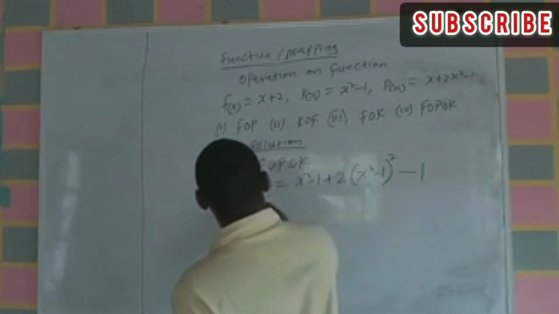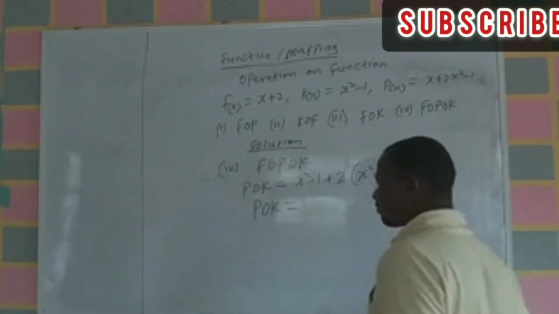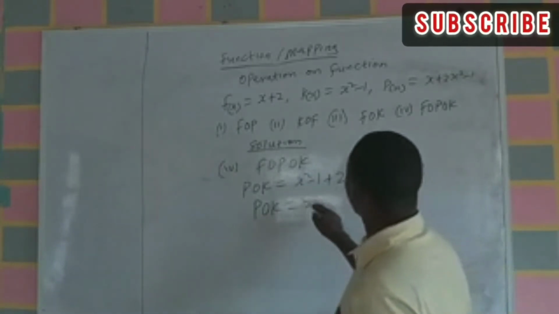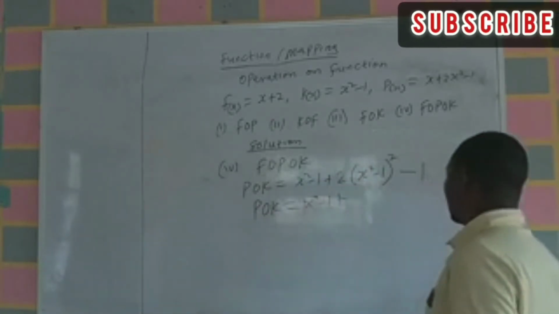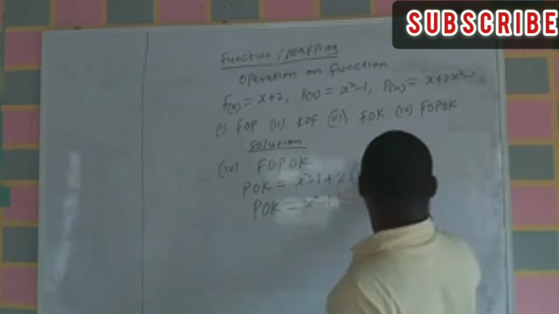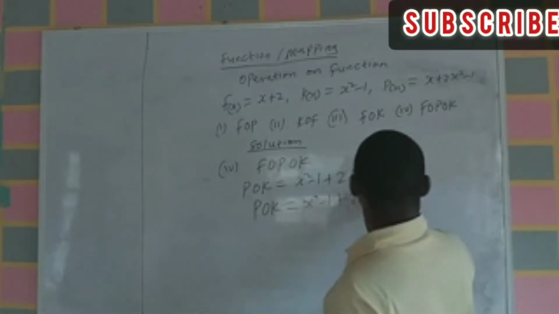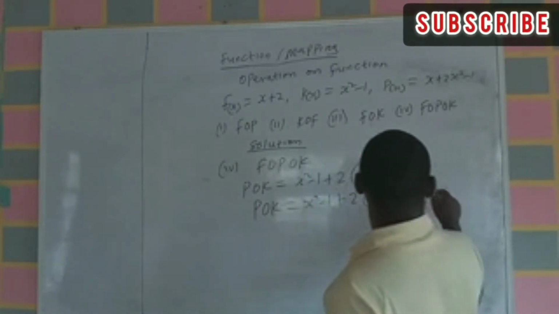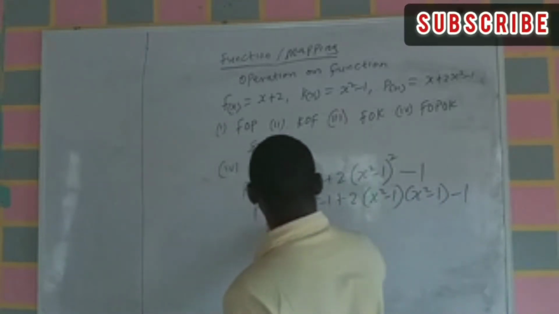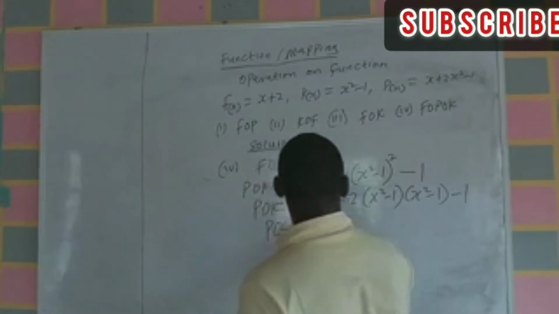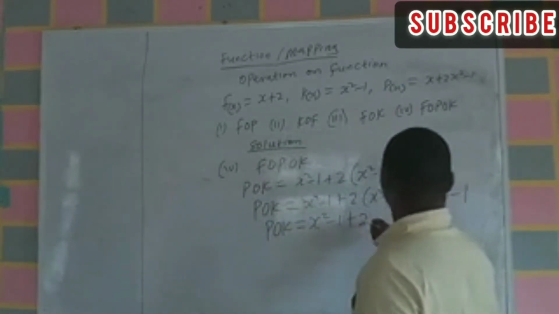So P of K is equal to s squared minus 1 plus, so let's open the bracket first.